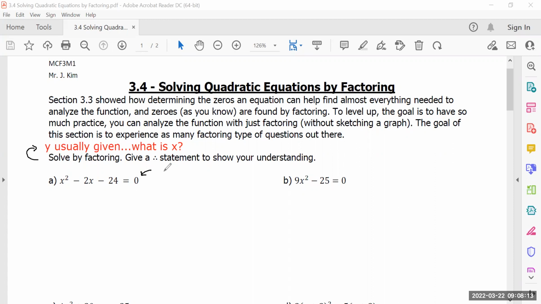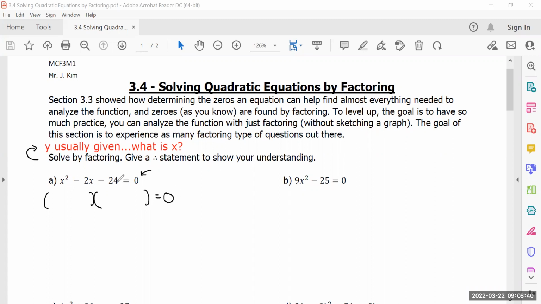Again, just like yesterday, you can plug in any number you want and test it, and test it, and test it, and that's really annoying. So instead of testing every single number out there on the number line, the best way to do it is factor. You'll see. This is a simple trinomial, so I can go ahead and draw the brackets right away.